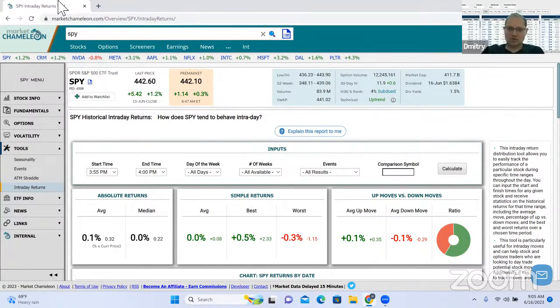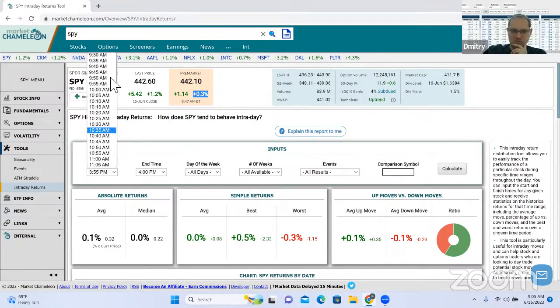If I have no position, there's no way for me to capture this 0.3% any longer, because I'd have to have had the stock at yesterday's close. But let's say I'm flat. The stock opens wherever it opens, and now I'm curious to know what it usually does between 9:30 at the open and 4 o'clock. So let's start with that.